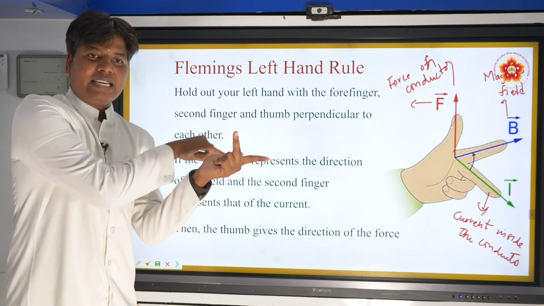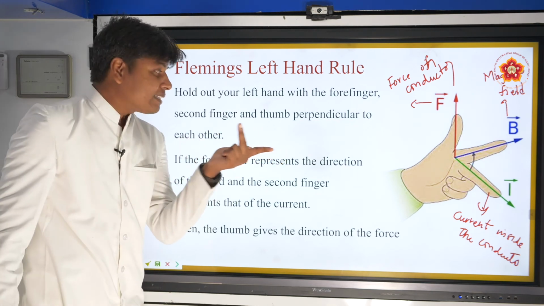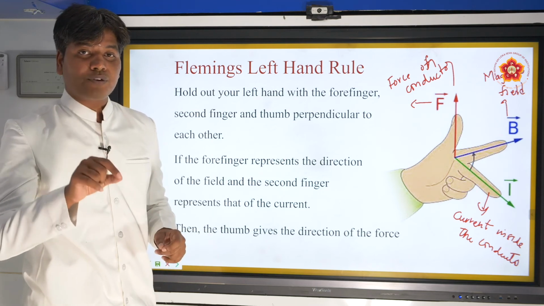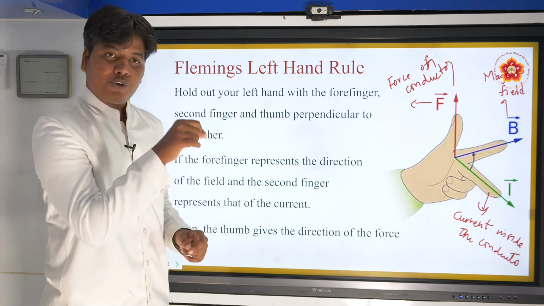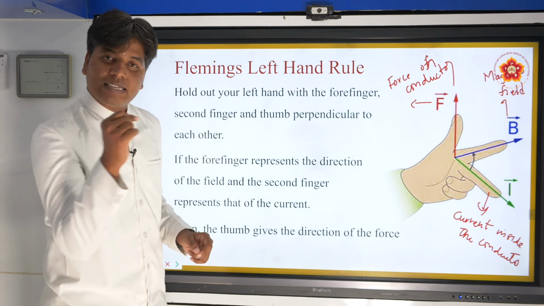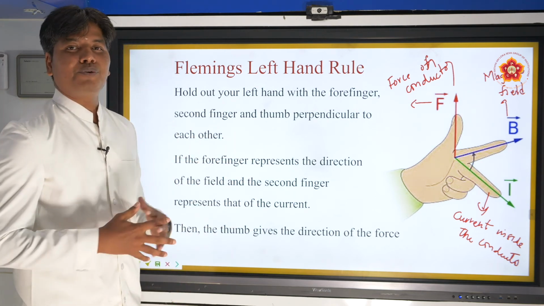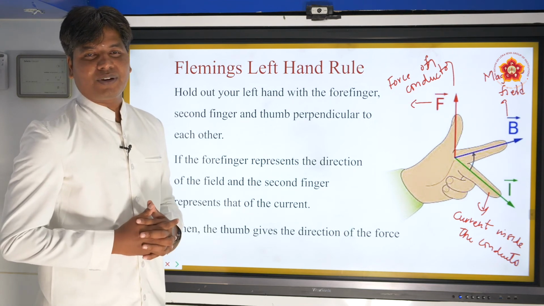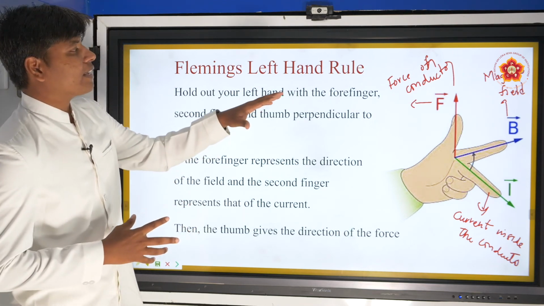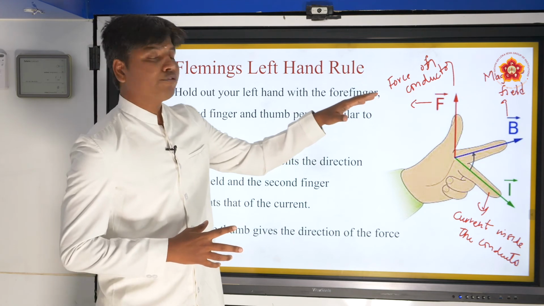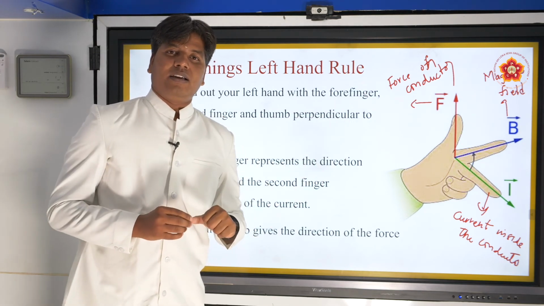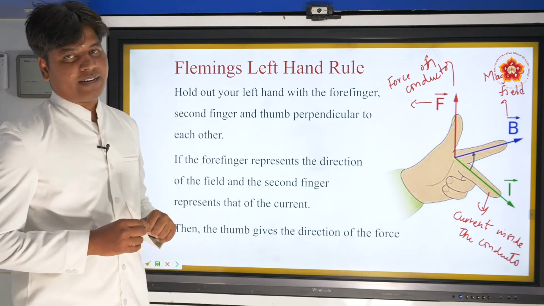See, it is inside the board. We discussed that the force experienced by the conductor due to the horseshoe magnet is inside the board, right? It verifies that. That's the beauty. So this is how we can calculate the direction of force on the conductor. Now let us see how it works practically.